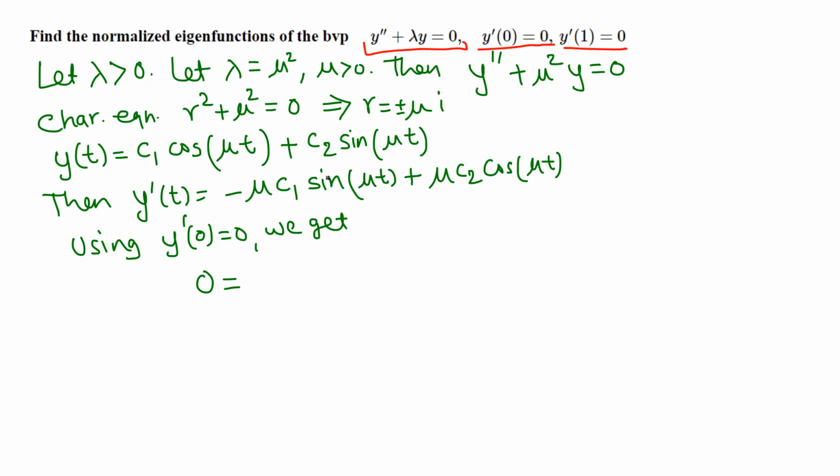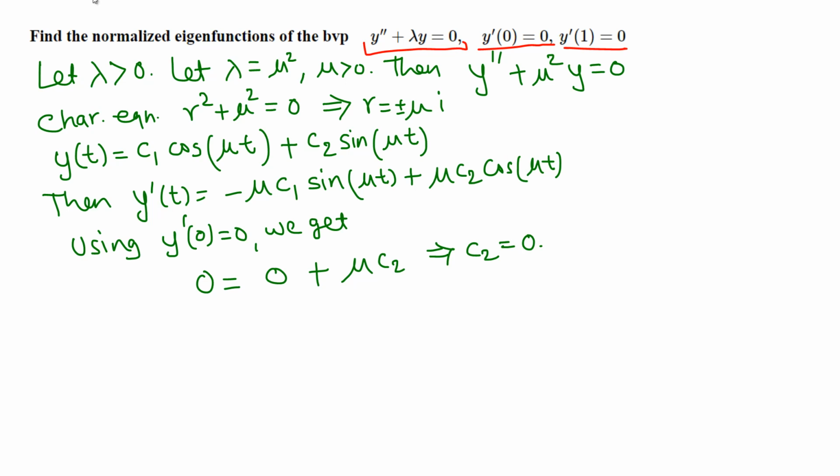Sine 0 is 0, so the whole thing is 0, plus mu c2 cosine 0, and cosine 0 is 1, and mu is strictly positive. We got mu c2 equals 0, and mu is strictly bigger than 0, that forces c2 to be 0.